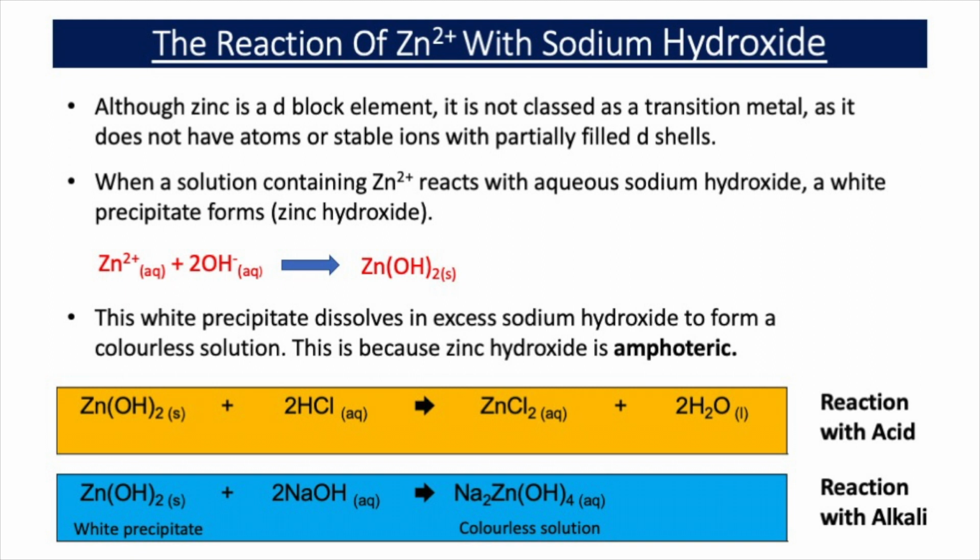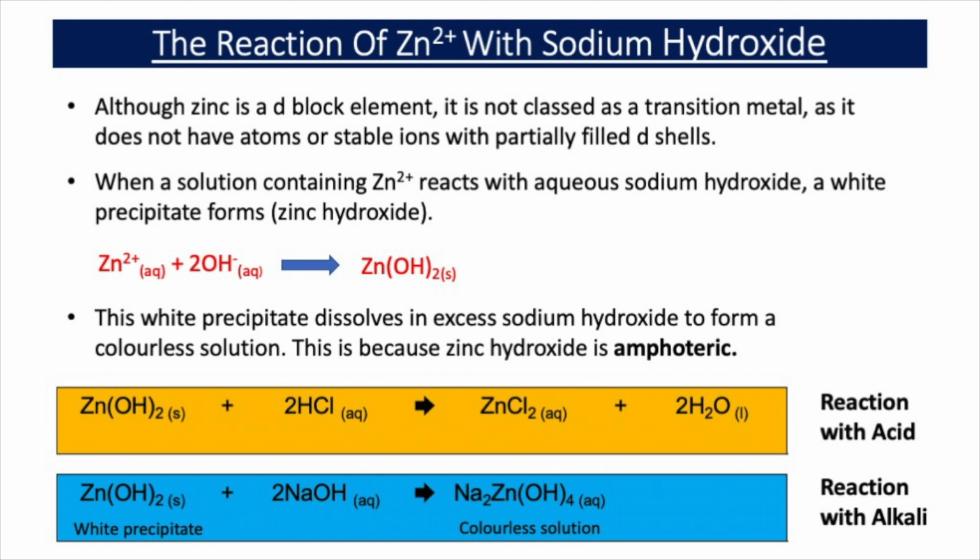Now, zinc hydroxide is amphoteric, and this is because the white precipitate dissolves in excess sodium hydroxide to form a colourless solution. And if we have to show, using equations, that zinc hydroxide is amphoteric, we need to write 2 equations, one with zinc hydroxide reacting with acid, and one with zinc hydroxide reacting with alkali.